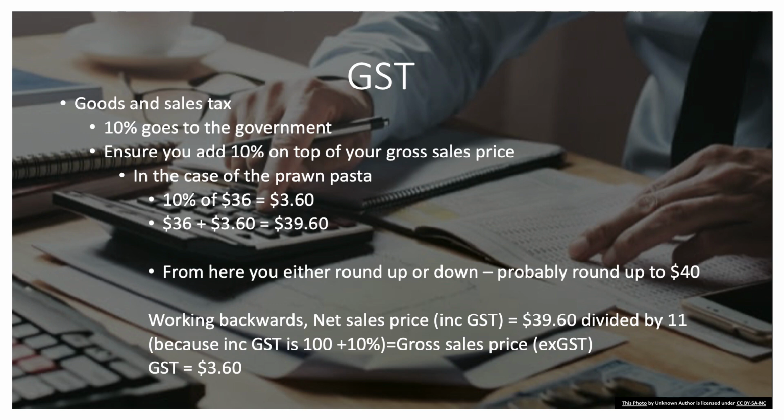Because inclusive of GST is 110%. That's your 100% gross sales price and your 10% GST. Okay, so then GST equals $3.60. That's dividing by 11, which is the same as 110%.